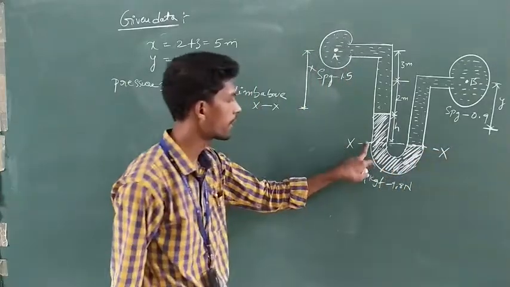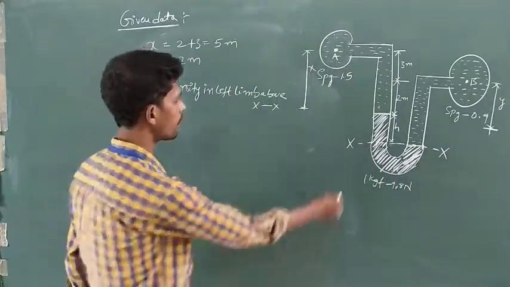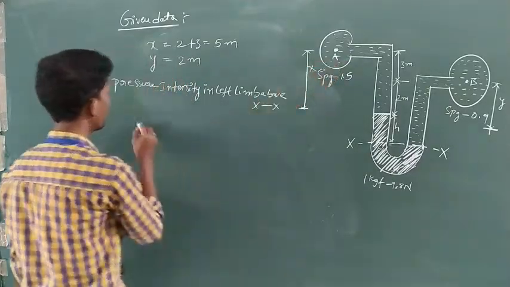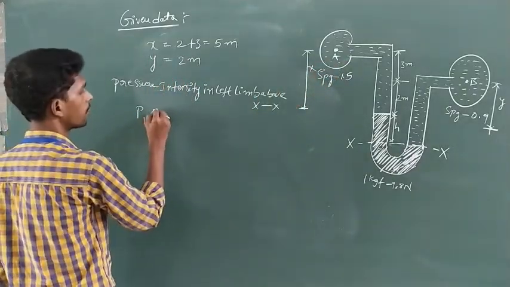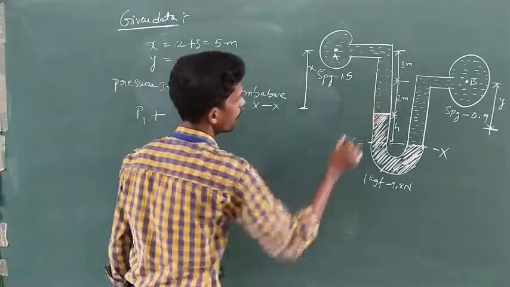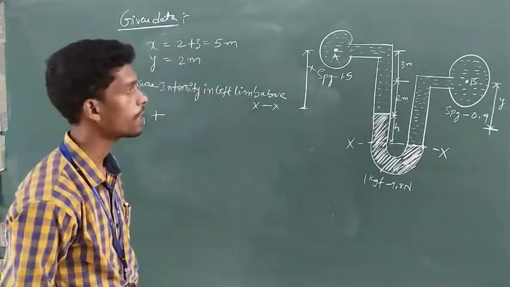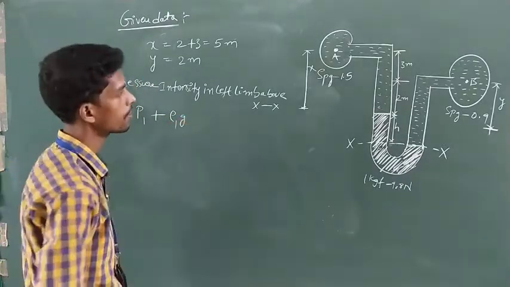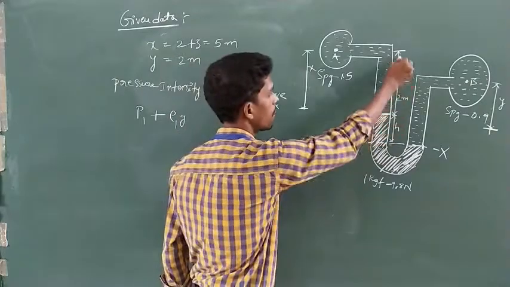So this is a datum line. Above the datum line we have to find out. So above the datum line in the left limb, the first one is P1, right? Plus next, what is the fluid available here? Having a density ρ1, right? So ρ1 G, and what is the total height here?